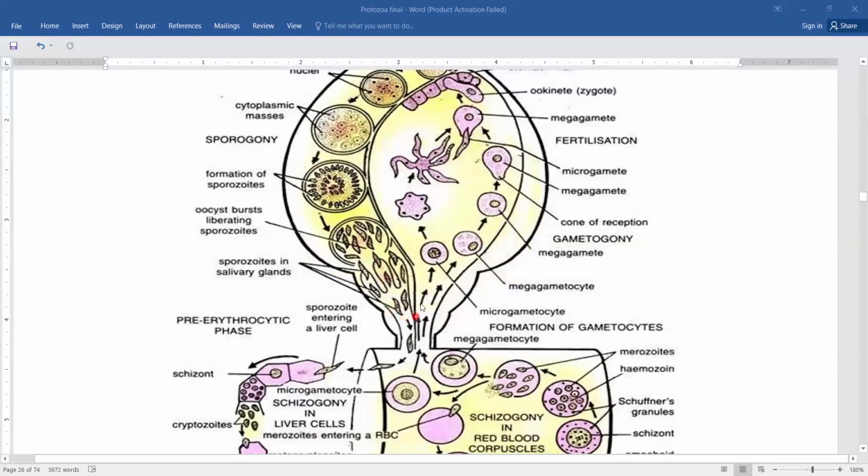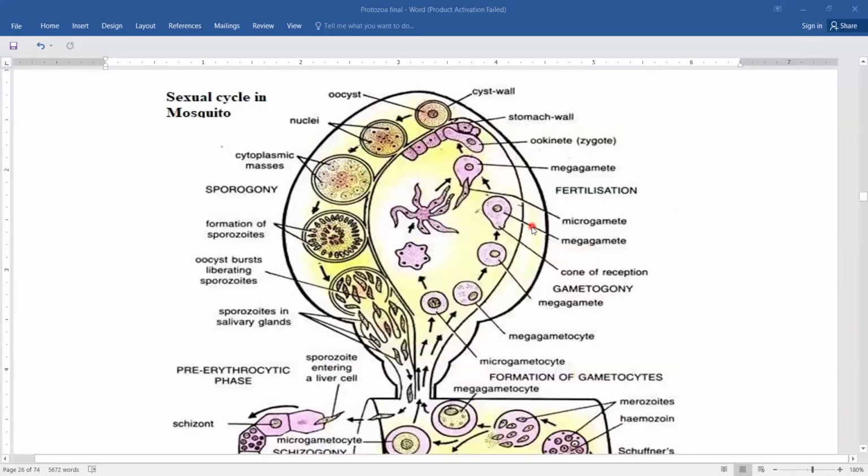The sporozoites are the infective stage to human beings. So these sporozoites will reach the salivary glands. Okay, when the mosquito bites any human being, these sporozoites reach the blood of that human being. So this is briefly, roughly, I just explained the diagram for your understanding.